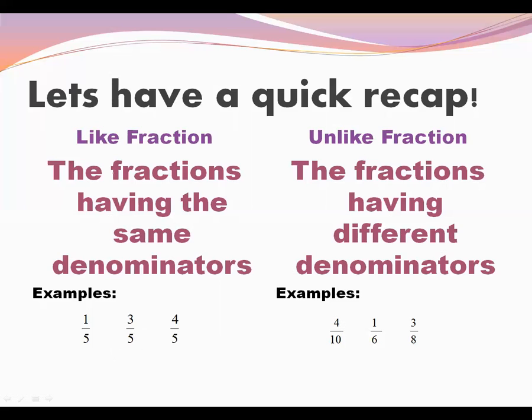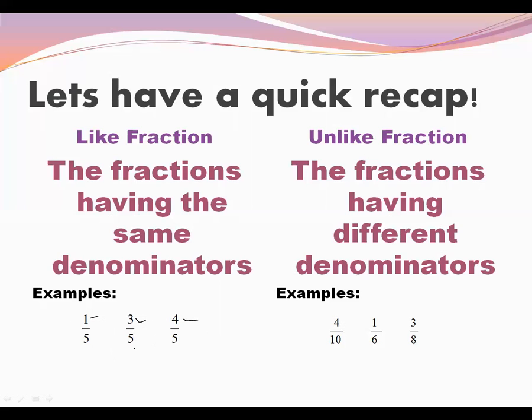Like means same. Because they all have the same denominators, it's very simple to compare them. You can compare by their numerators because their numerators are different. Remember, my children, in like fractions, the value of the fractions depends upon their numerators 1, 3, and 4.